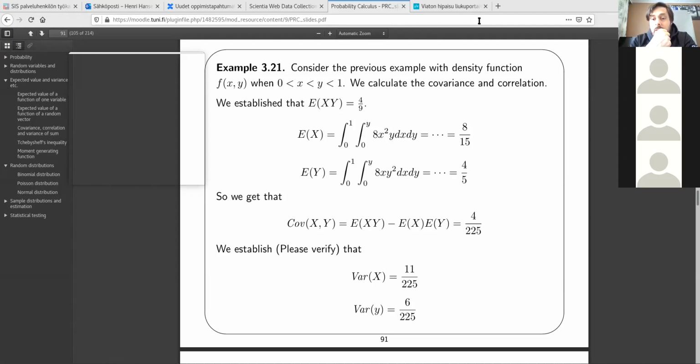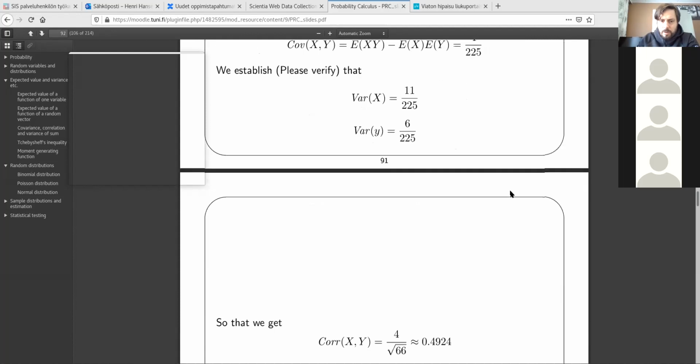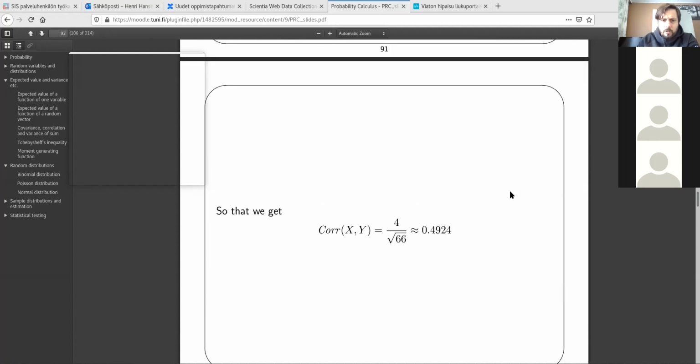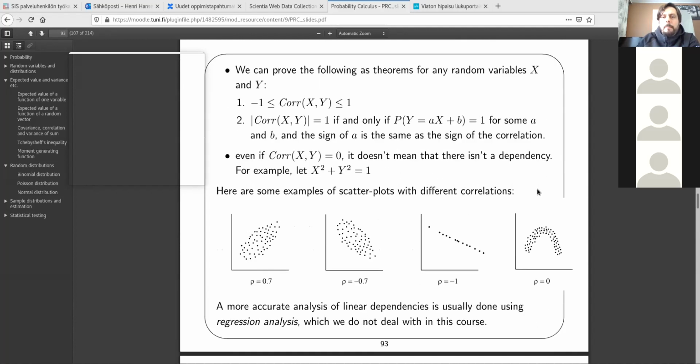So it's small, but it's positive. I'm not going to show you how the variances are calculated, we can do it by simple calculus. We calculate the variances of x and y, and we can calculate the correlation. It's 0.49. So there's definitely a correlation that is positive, but it's not huge. These can be easily proven when we have the correlation. The correlation will always be between -1 and 1.